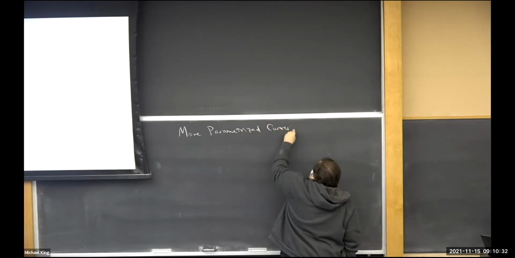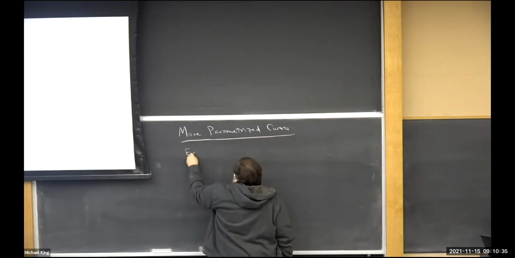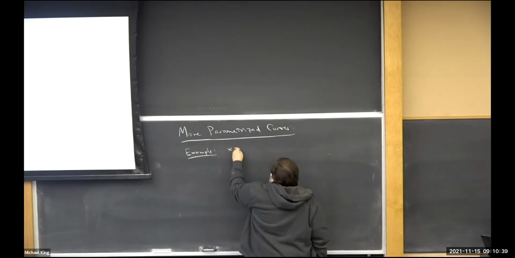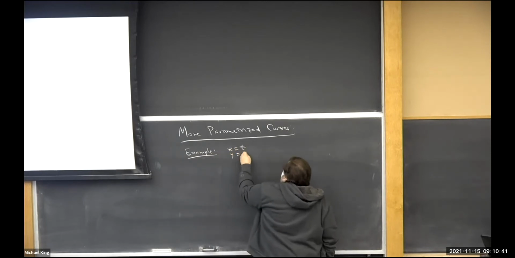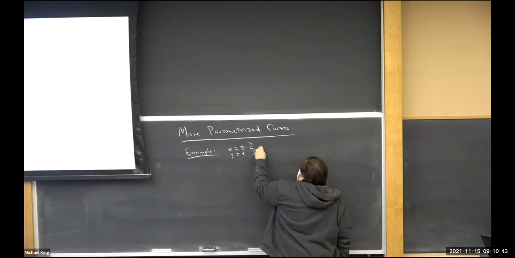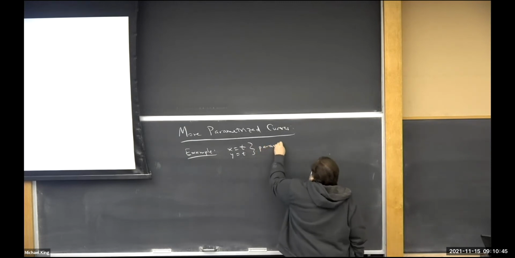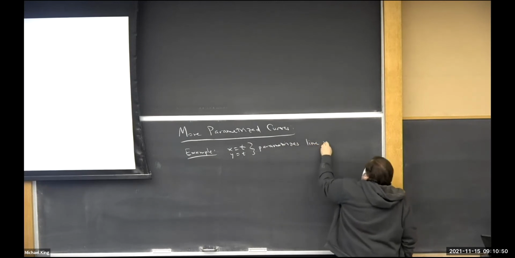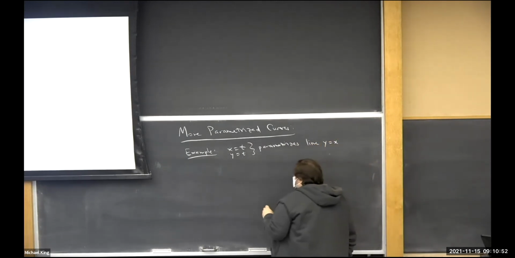If we start with this example from last time, x equals t, y equals t, this parameterizes the line y equals x in the 2D plane, right?